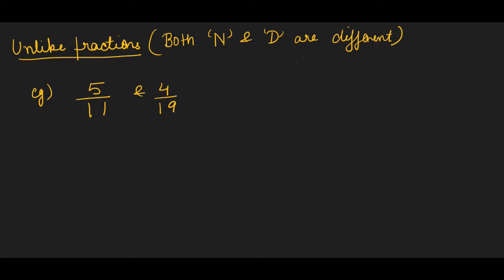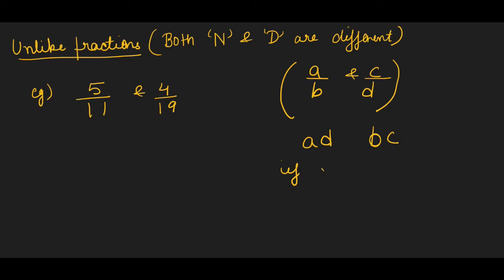What will we do? There is a simple formula. Take a upon b and c upon d. Here 5 upon 11 is a upon b and 4 upon 19 is c upon d. We will find the product of AD and the product of BC.